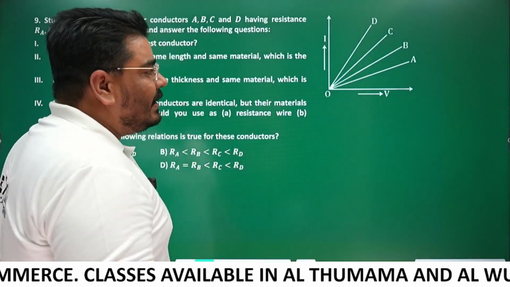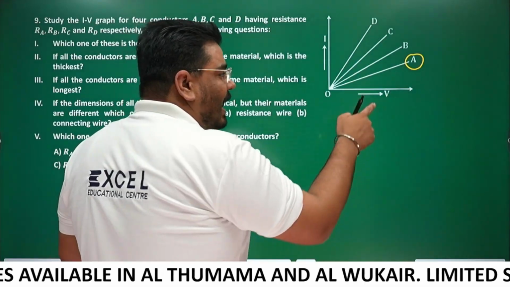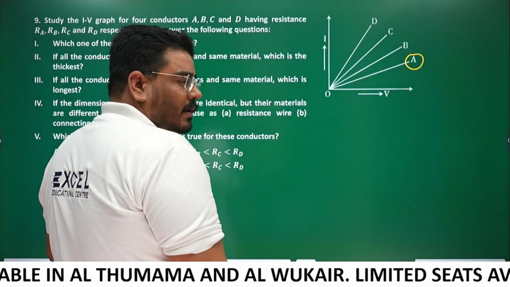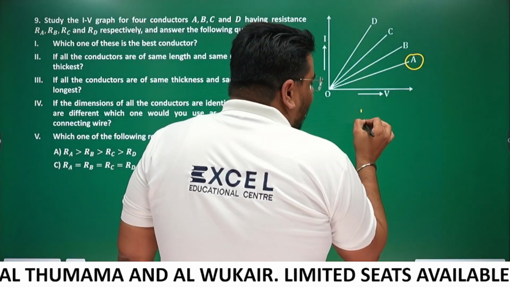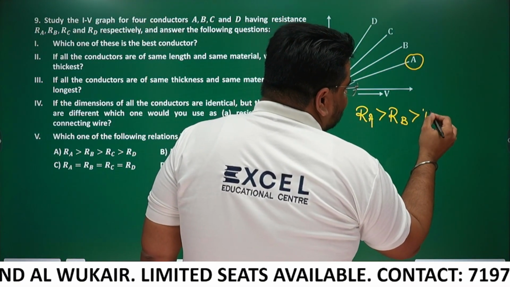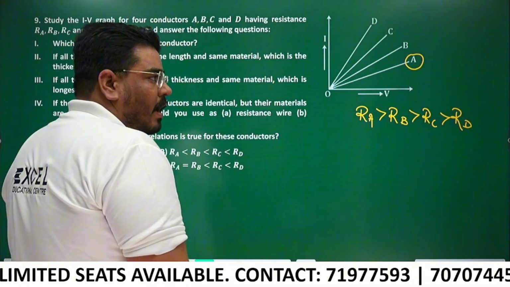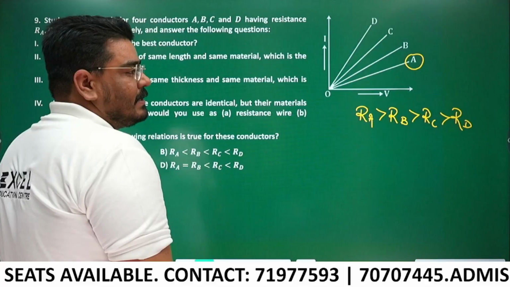Directly remember that the one closest to voltage will have the maximum resistance. Meaning, here RA will be maximum, RB will be next, RC will be next, and minimum will be RD.